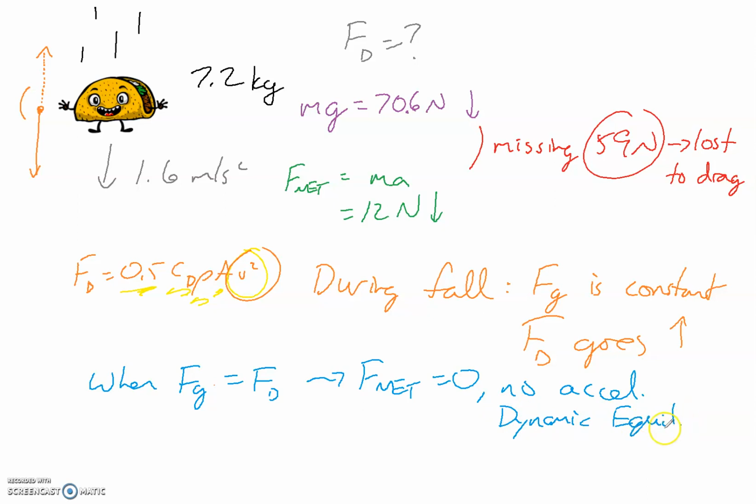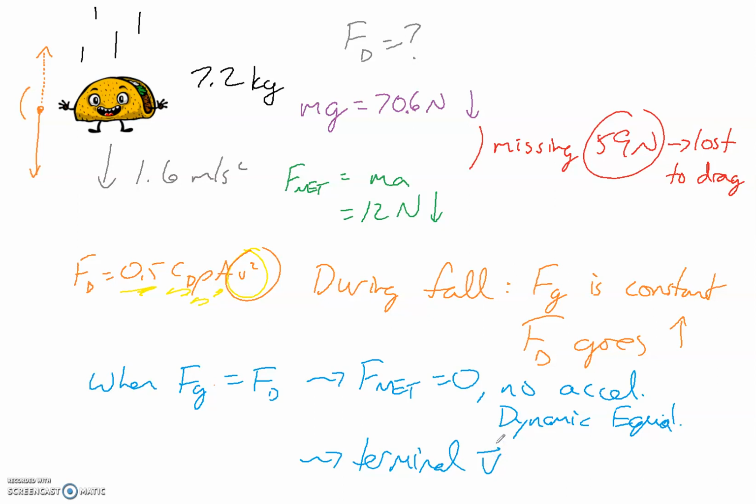We got dynamic equilibrium where you have no net force, you got no acceleration, you are moving, so it's dynamic, and it's equilibrium because all the forces are equal and canceling out. Now this is what most people know as terminal velocity.